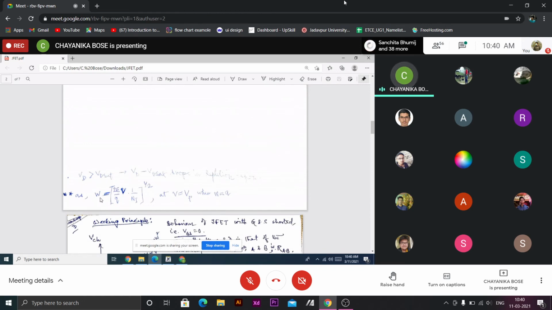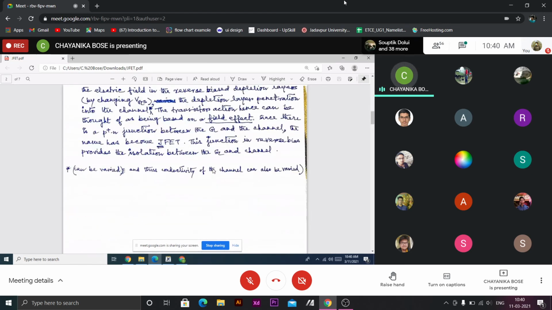That means the situation where the two depletion regions touch each other will appear here. So we can calculate the pinch-off voltage using this relation. Put V equal to Vp and W equal to a. And Ni is our Nd, the donor concentration in the N-type bar.